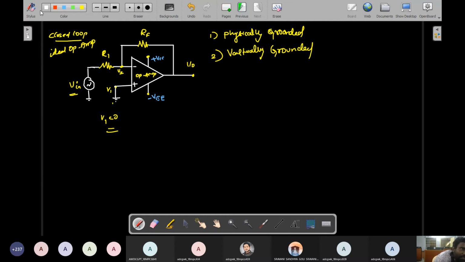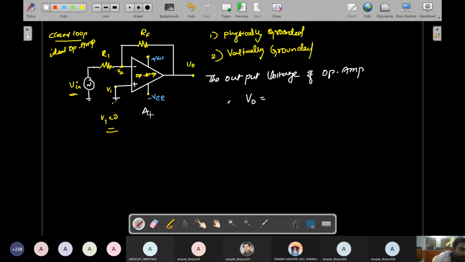Let us consider the output voltage of this ideal op-amp. V0 is equal to the gain times the input.